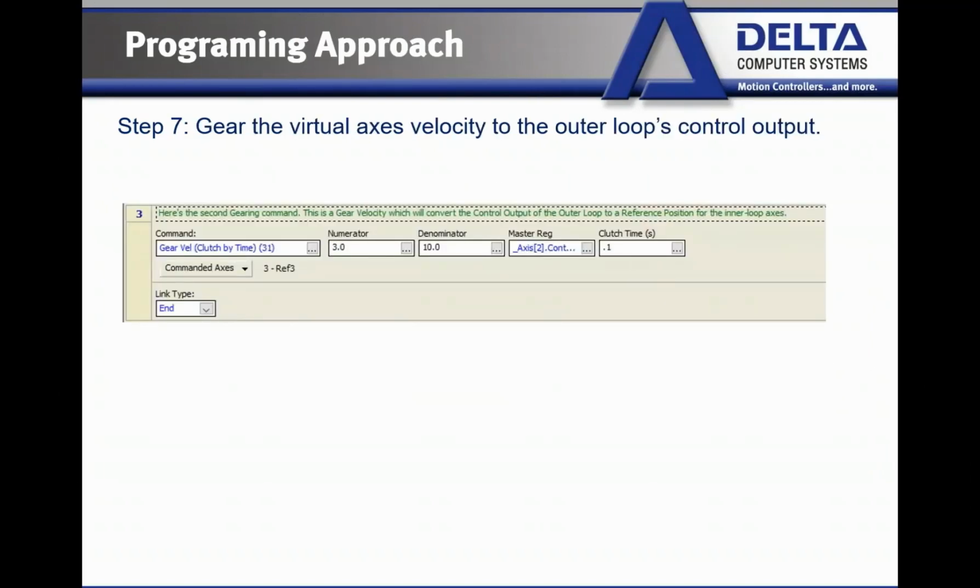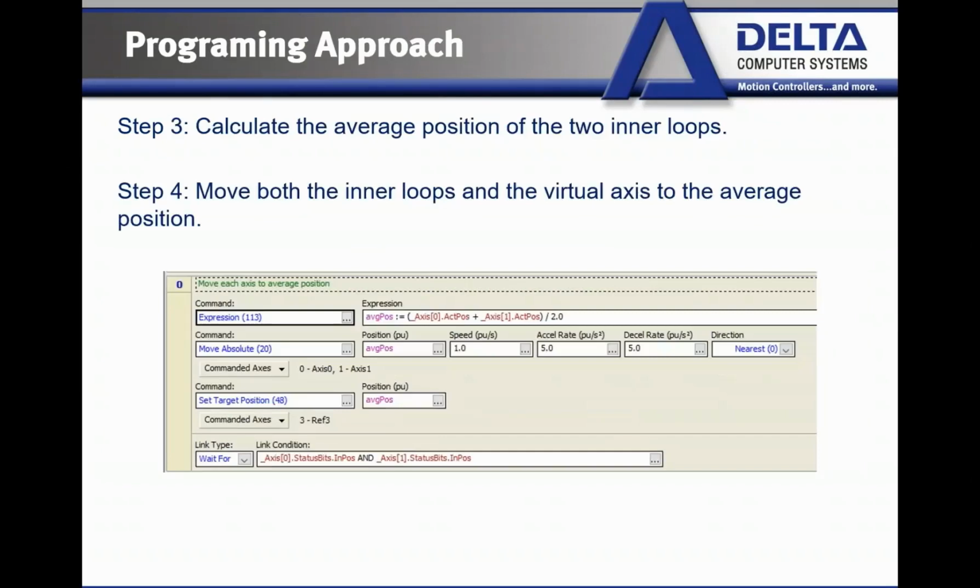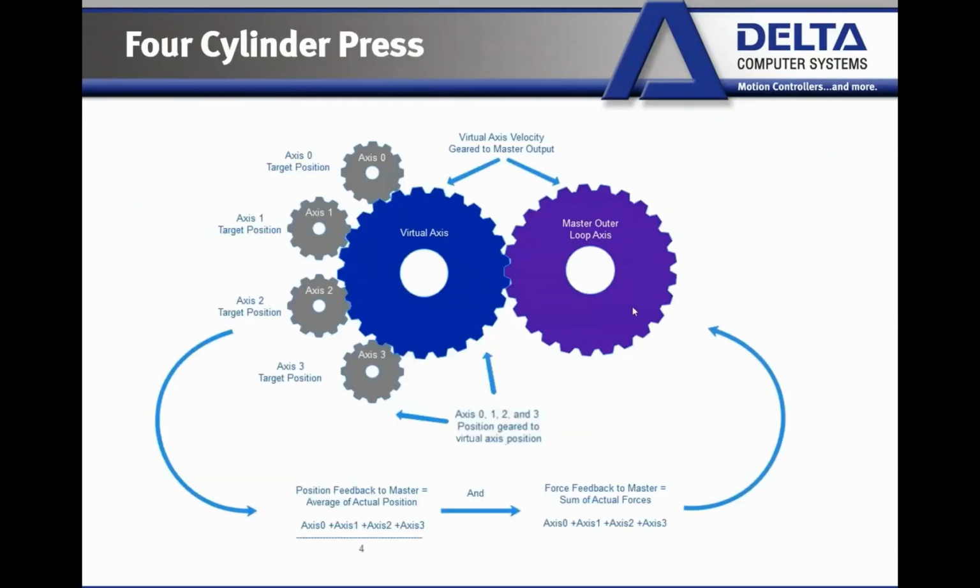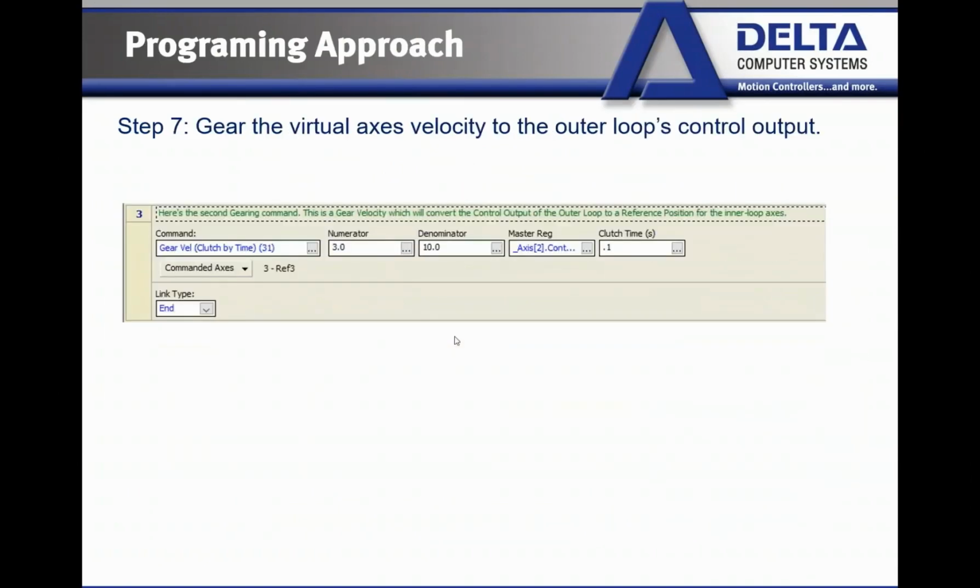This is our last step. This is now connecting that purple gear, right? That last gear. I'm going to jump up again quickly. It's this master outer loop. It's connecting this together. This is completing our system. It's giving the master control over the system, and it's setting it up so that this whole inner system just looks like one big cylinder. Okay. We use a gear velocity, clutch by time. We can set up a numerator and denominator.